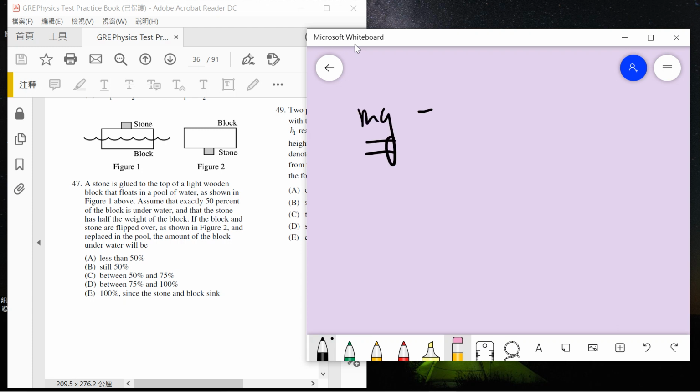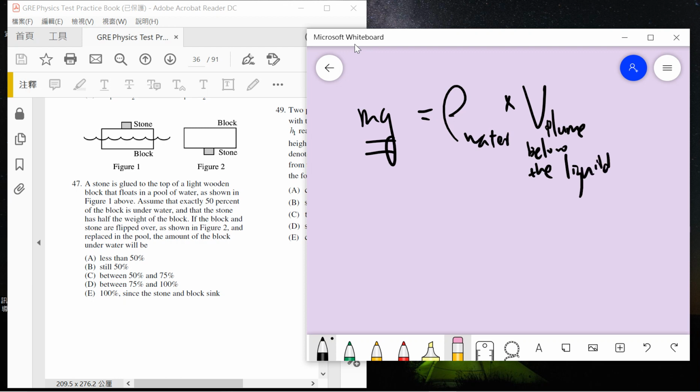Basically, this is the mass. The Boyle-C formula is the water times the volume inside below the liquid times g.